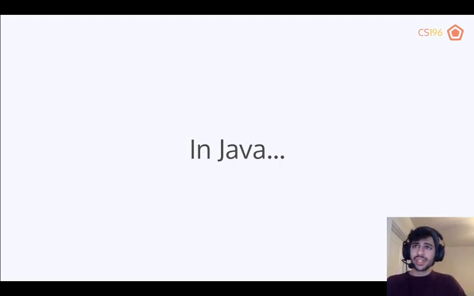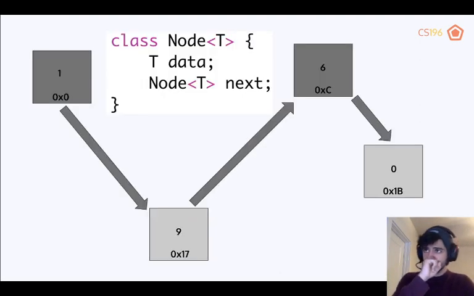So what do linked lists look like in Java? This might be a little bit different than what you saw in CS125, but very similar. It's just an object where each node has some data and a pointer to the next node. The only thing you might not be familiar with is these little less-than and greater-than signs. Don't get too terrified over this.